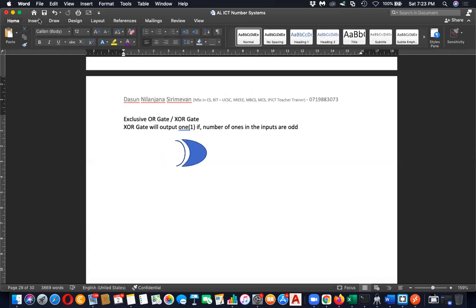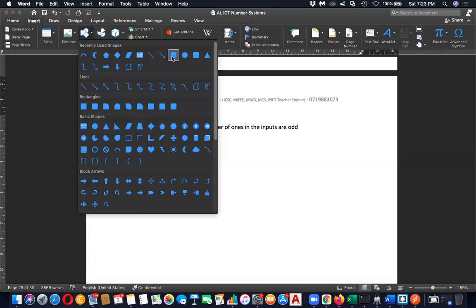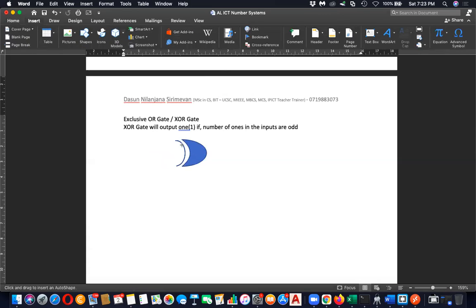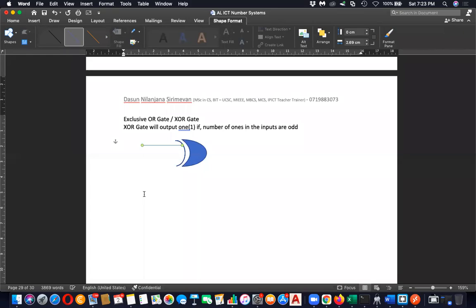Okay, then the inputs. So please draw with me. Let's write 2 inputs, A and B, and 1 output.